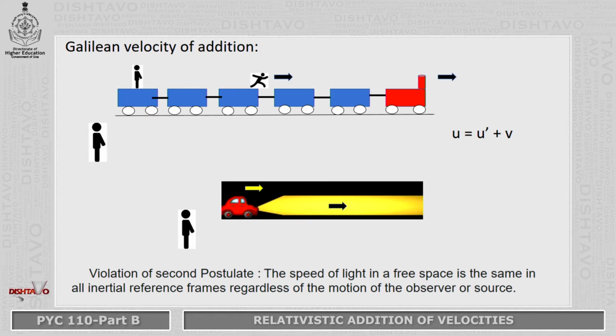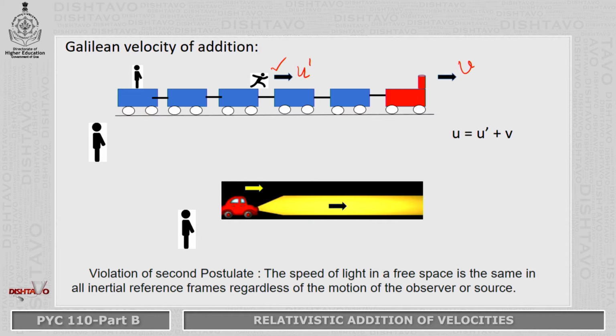Now, let us see what a Galilean velocity addition is. Here there is a train which is moving with velocity v, and some dangerous act, a hypothetical act, in which a person is running over the train with speed u prime.